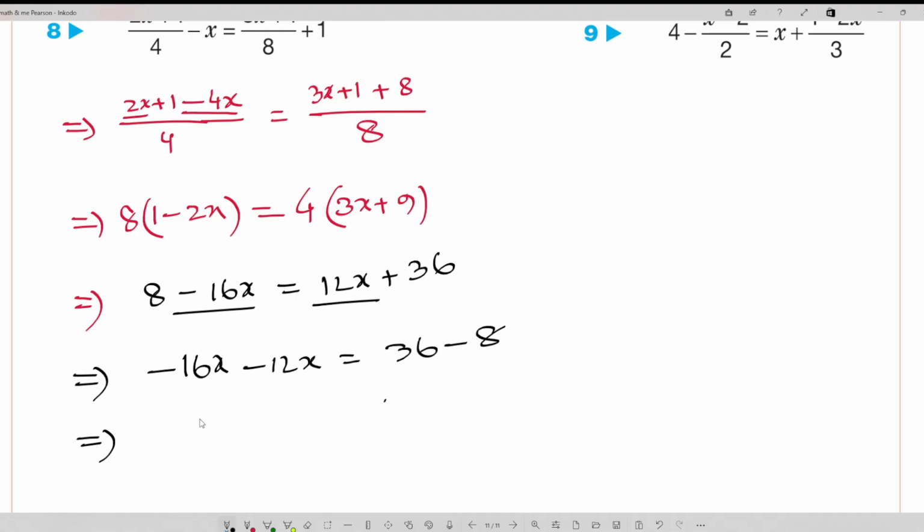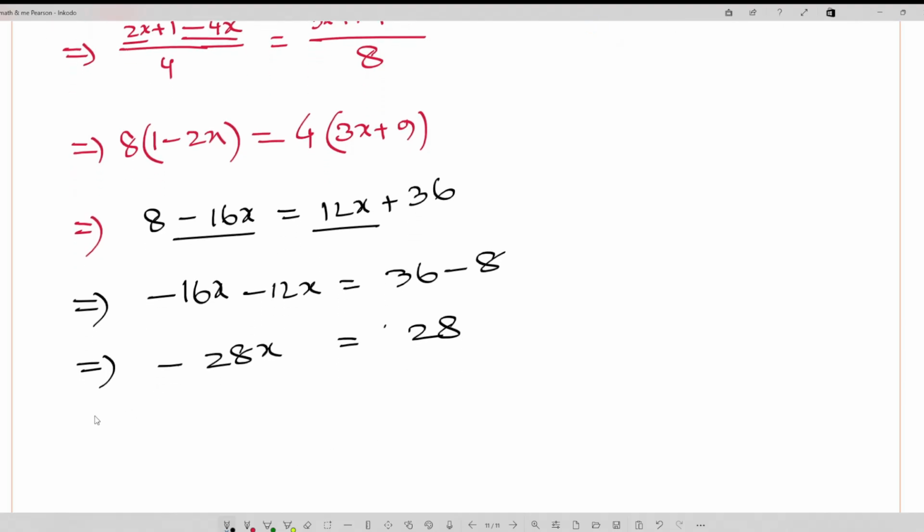So here is minus 28x, and here is 28 because 36 minus 8 is 28. So x equals 28 divided by minus 28, so minus 1, and this is our answer.